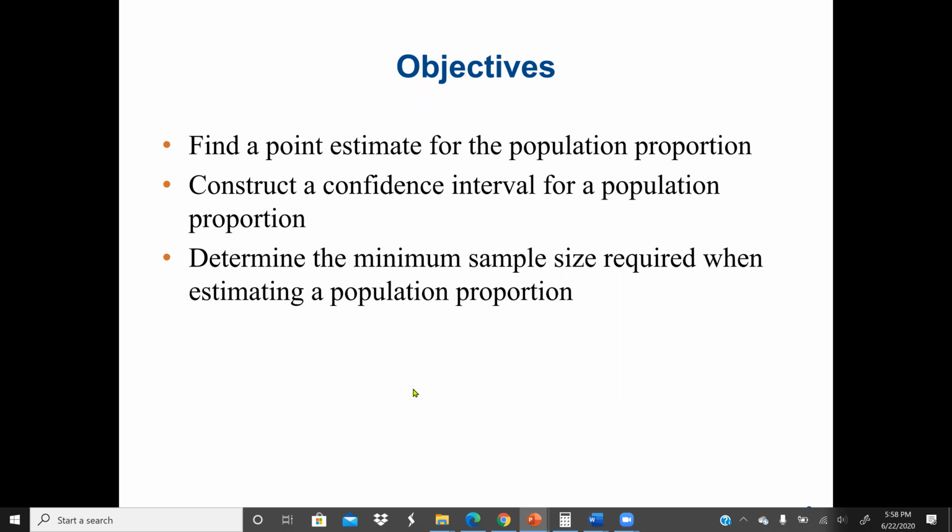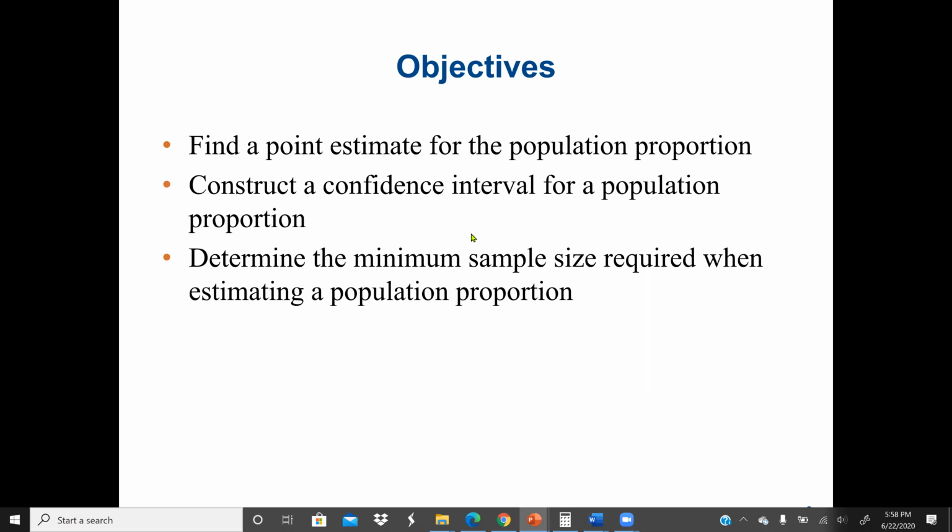We covered these topics already in our previous lectures, but we were concerned with the population mean. For example, we know how to find a point estimate for the population mean, which is normally the mean of the sample that we collected, an exact single value to approximate the population mean. Also, constructing a confidence interval for the population mean, we learned how to find the margin of error.